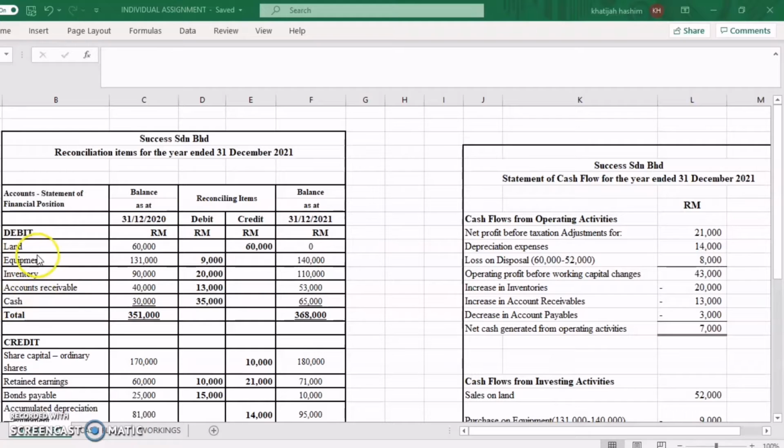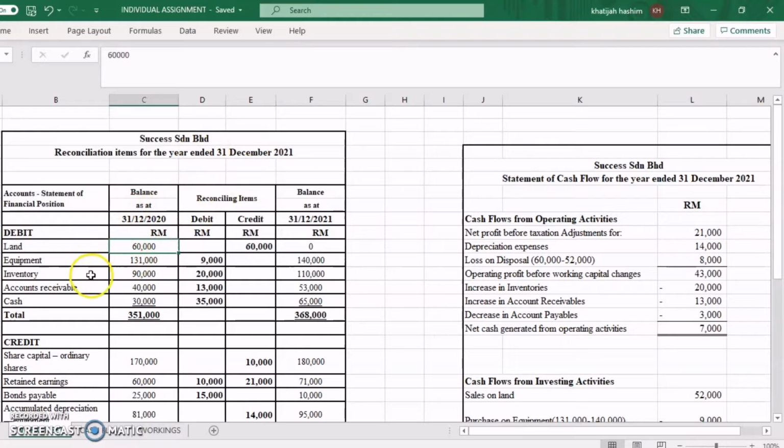For land, as we can see, the land account shows a decrease because the additional information shows there is a disposal of land. So we need to credit 60,000 on the credit side. For the equipment, it shows an increase amounting to 90,000. So we assume that there is a purchase of new equipment.